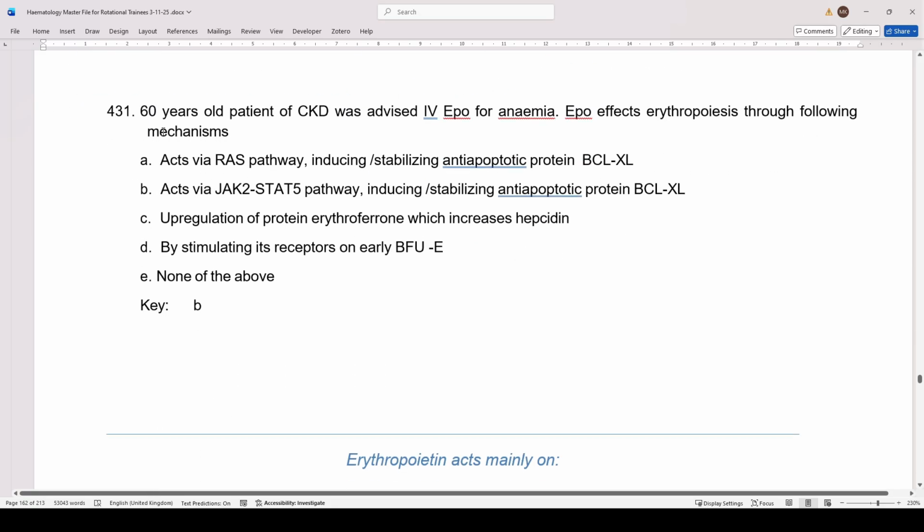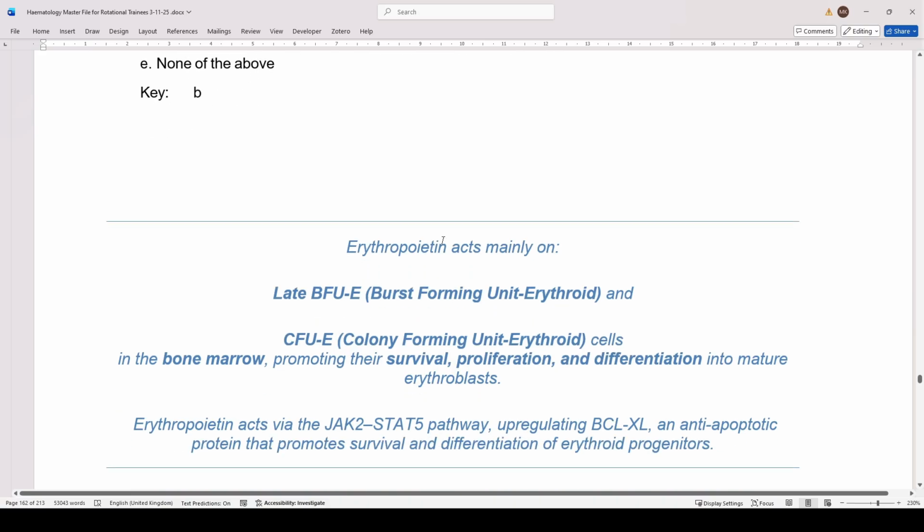Next is 431. A 60 years old patient of CKD was advised IV EPO for anemia. EPO affects erythropoiesis through which of the following mechanisms? Memorize this thing because it's a big pathway. Erythropoietin acts mainly on late BFUs, burst forming unit erythroid. It is written in Hoffbrand in the first chapter that when erythropoietin is stimulated, it will affect late BFUs and CFU-E, colony forming unit erythroid cells, not the early ones.